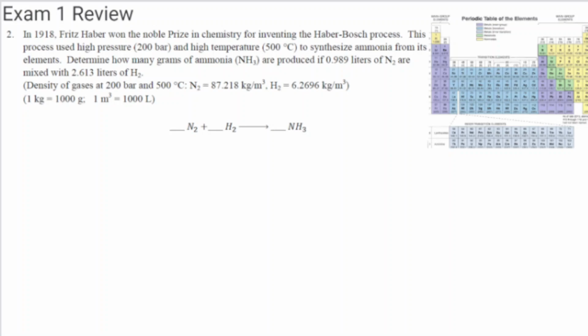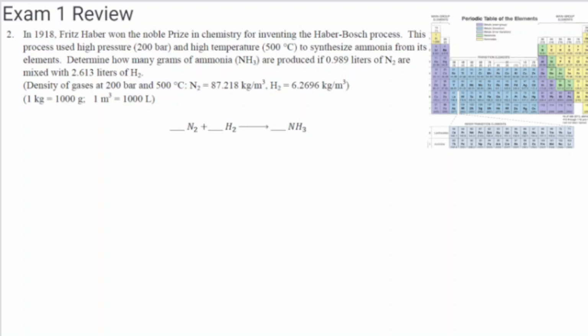This process used high pressure, 200 bar, and high temperature, 500 C, to synthesize ammonia from its elements. Determine how many grams of ammonia, NH3, are produced if 0.989 liters of N2 are mixed with 2.613 liters of hydrogen gas.